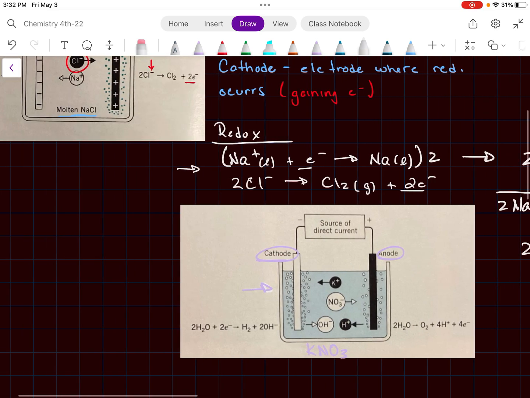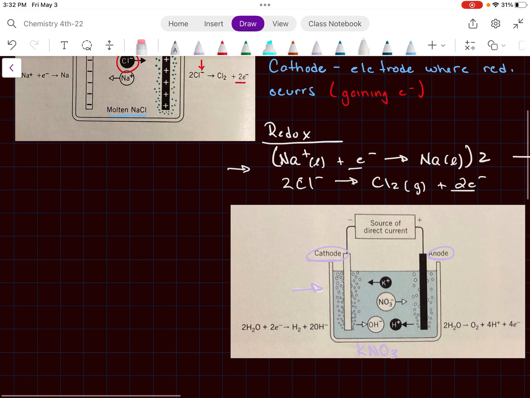In a voltaic cell that has an aqueous solution or in an aqueous environment, right, here's the difference. So at the cathode, what we're seeing is that water is actually being reduced, right?